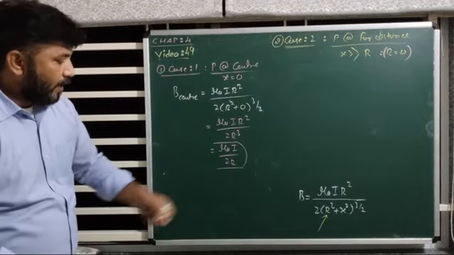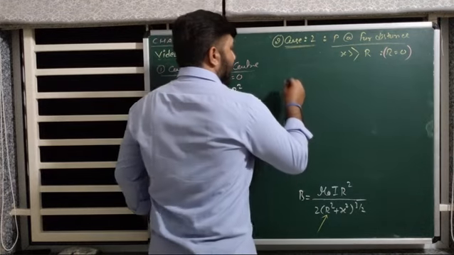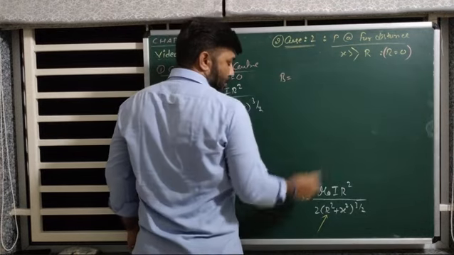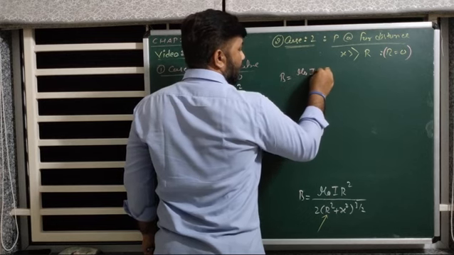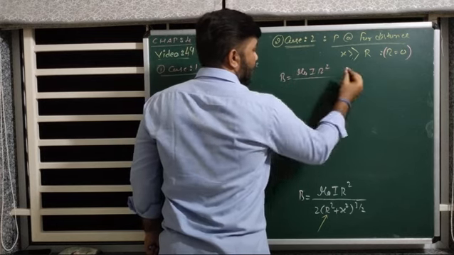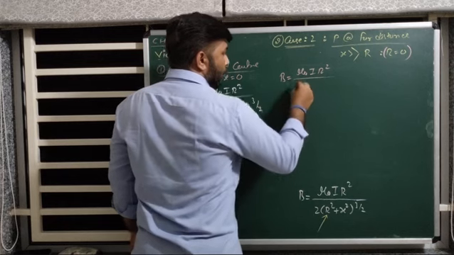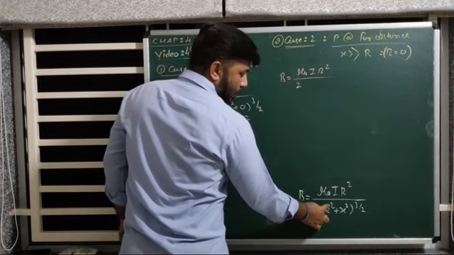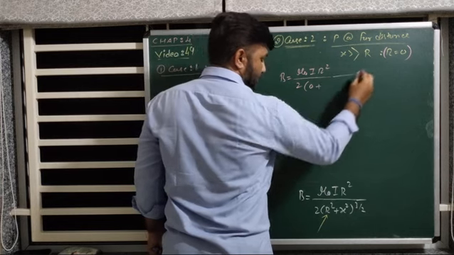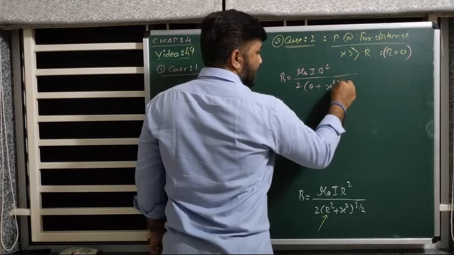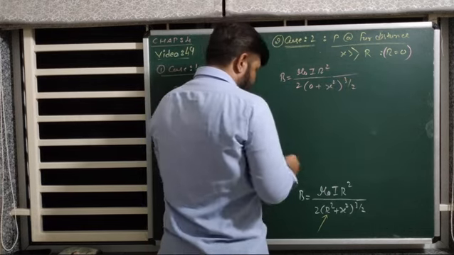Clear? Put it here. So you will have the equation of B is equal to this term as it is, mu 0 I r square upon 2, the value of r in the bracket is 0, so it is 0 plus x square raised to 3 by 2.